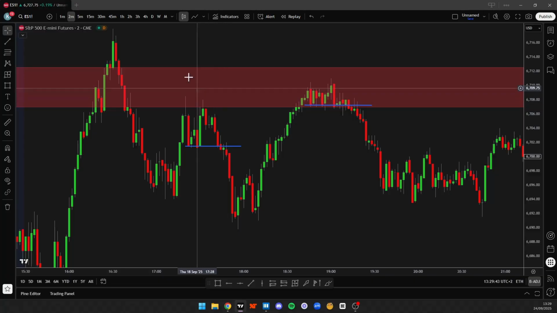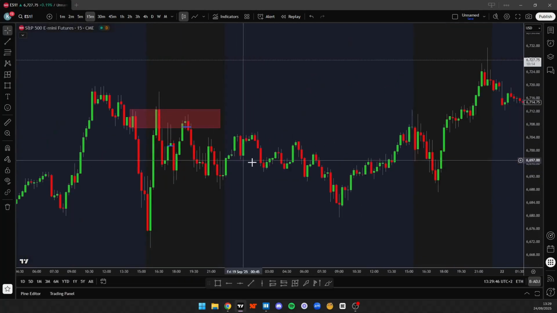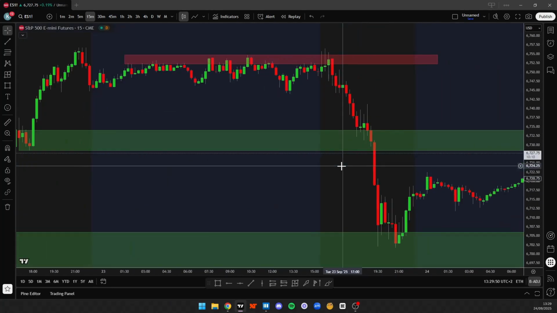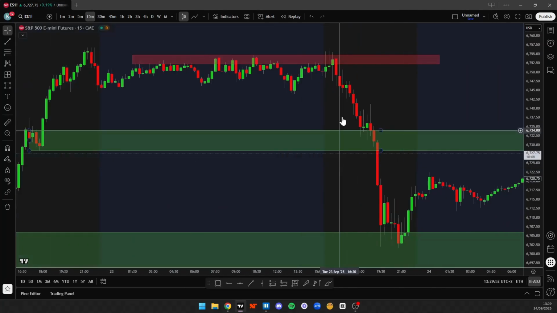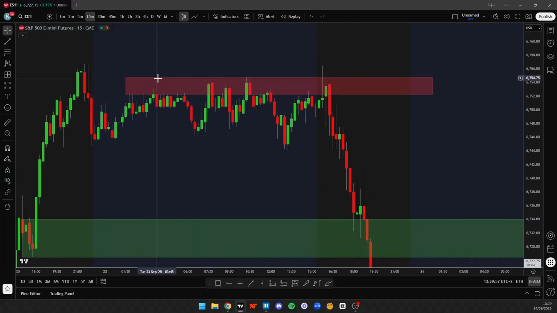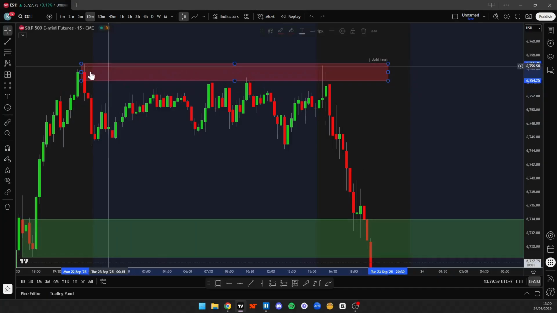It's really important to wait for sweeps of highs and lows. I don't think I have any example right now, but let's say the market, well, this is a really good example, to be honest. We had this resistance. You can also call it a supply. We had a supply level over here, right?